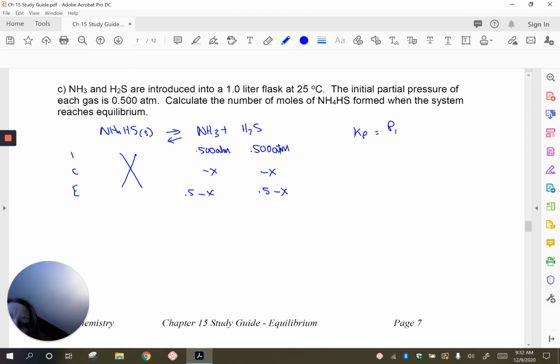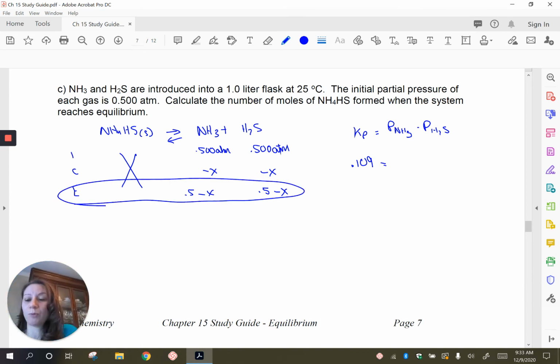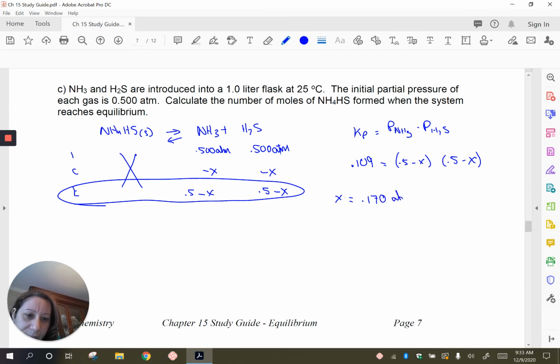It is the partial pressure of the NH3 times the partial pressure of the H2S, and this is still 0.109. So I can plug in not concentrations, but partial pressures. So this is 0.5 minus x times 0.5 minus x, and I can solve for x. So x, when you calculate this, is equal to 0.170 atm.